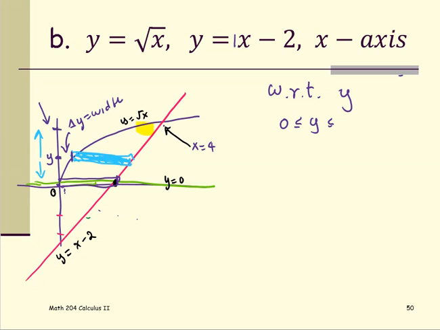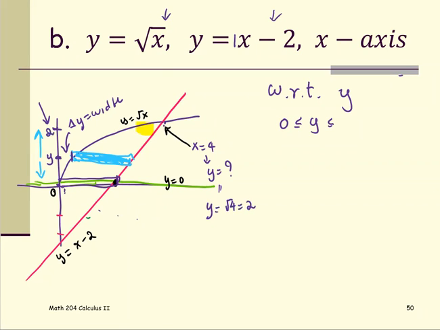And what is the value of y at the end of the graph? From finding the intersection point, we know x equals 4 is the intersection point. So what is the y value? If x equals 4, you can plug it into either the square root x or the x minus 2 function. For x equals 4, y is square root of 4, or 2.